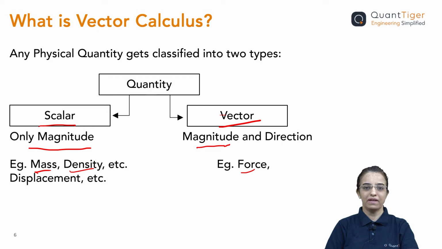The length of the pen is going to be the same, so direction is not required. With a vector, for example if you want to open the door of your room, it depends on which direction you are pulling or applying the force. Depending on that, it will open or it will not open. So here the magnitude as well as the direction are both important. That is a vector, and we know all this.